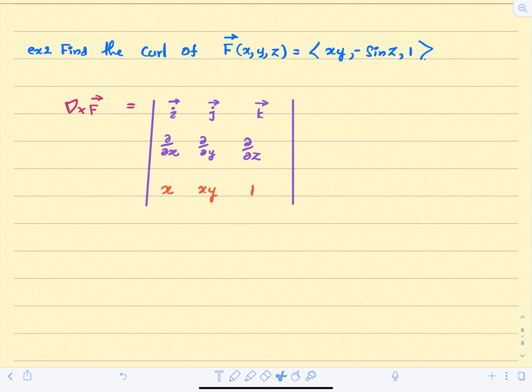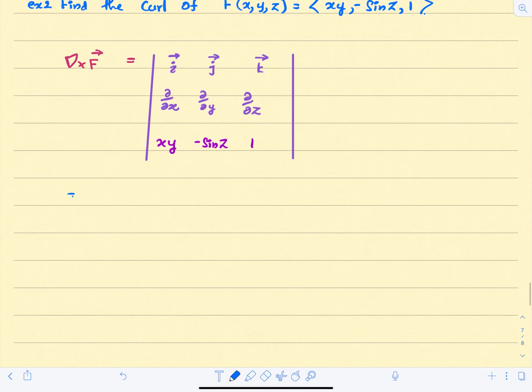Okay, so curl of f equals the determinant. In the first row we have i, j, k, and in the second row we have partial over partial x, partial over partial y, and partial over partial z. Now in the third row we should have the components of the vector field. They are xy, minus sin z, and 1.